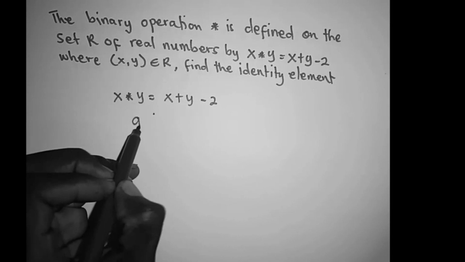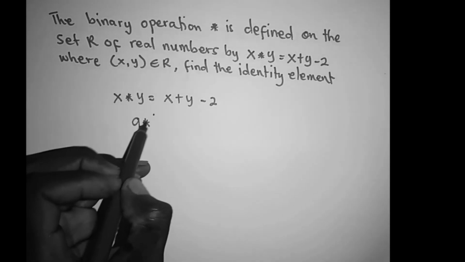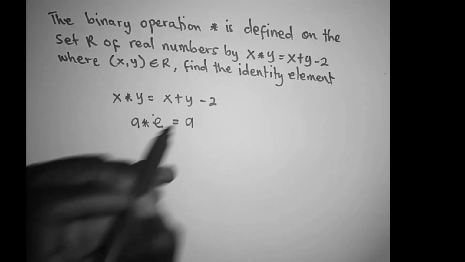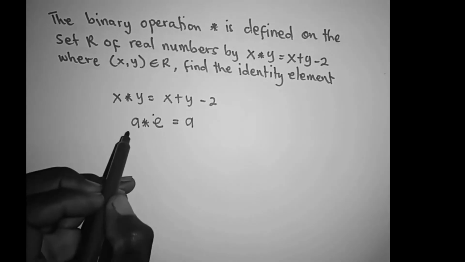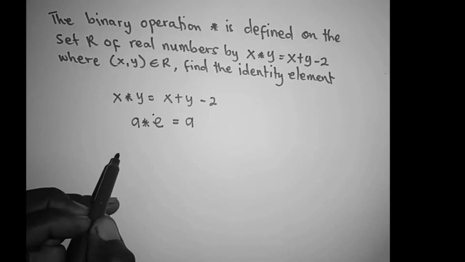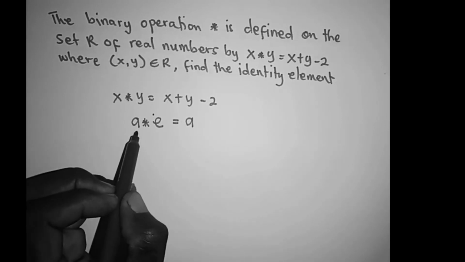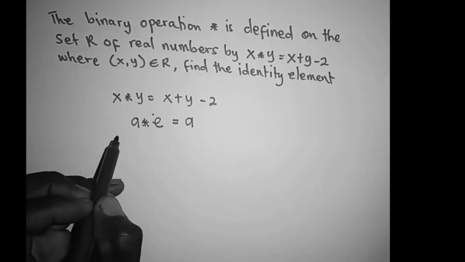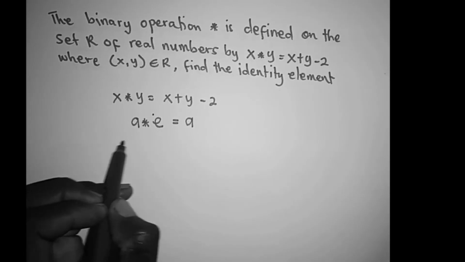A number, for example a, operation the identity element will give us a. So let's find a operation the identity element under this operation. So wherever we see x, we put a, and wherever we see y, we put the identity element E.